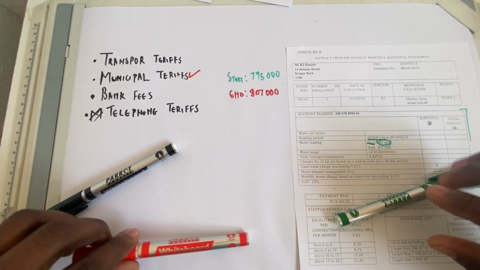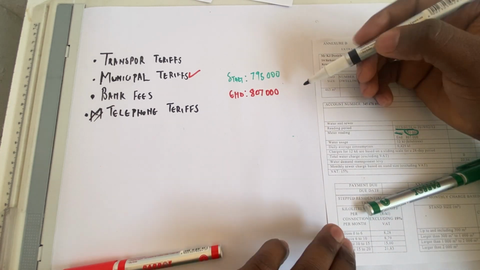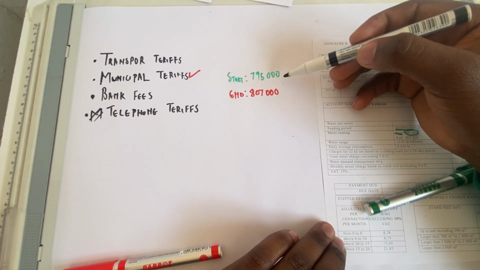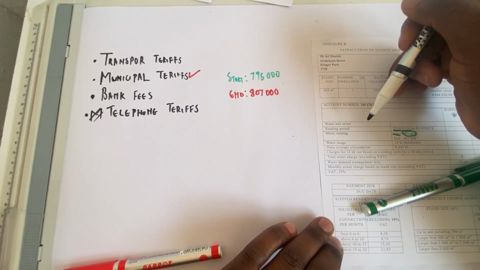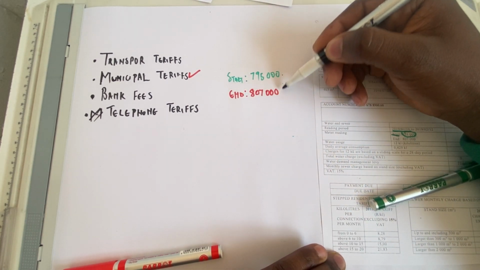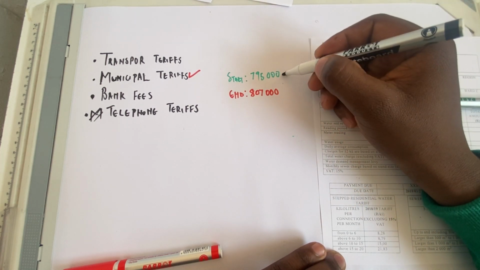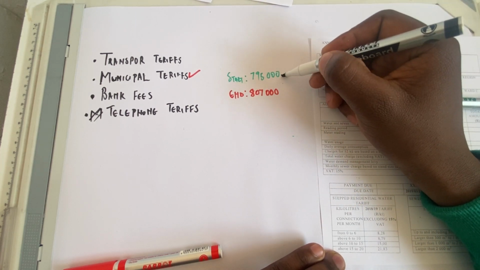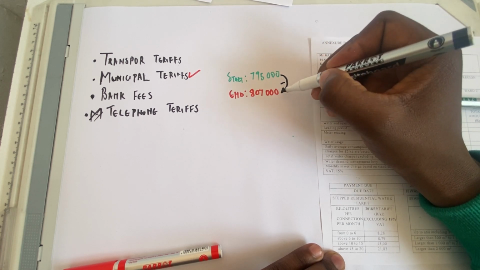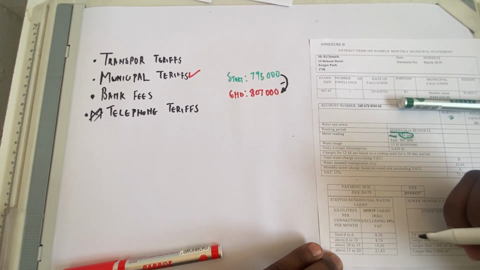So when we want to find out how much water they used for the period we are trying to bill, we're going to find the difference between the two. We subtract the amount we had when we started from the amount on the meter when we ended.